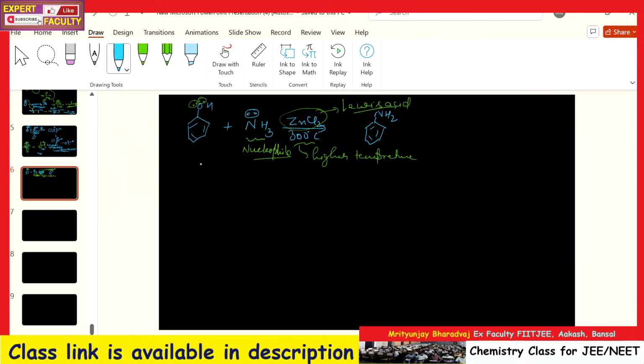We are not going into the detailed mechanism here, but a basic understanding of the reaction is required in most cases. For a number of reactions, we need to understand the mechanism also.